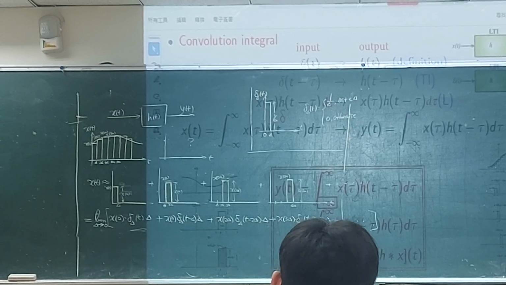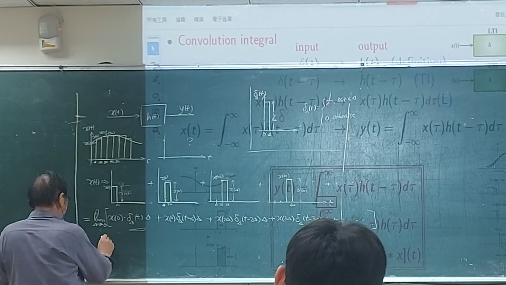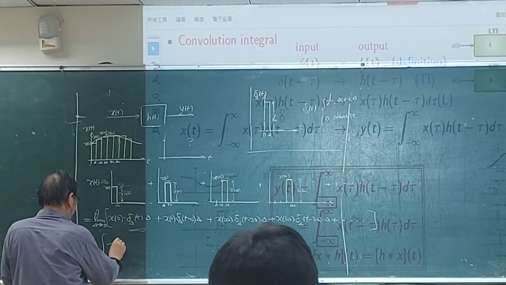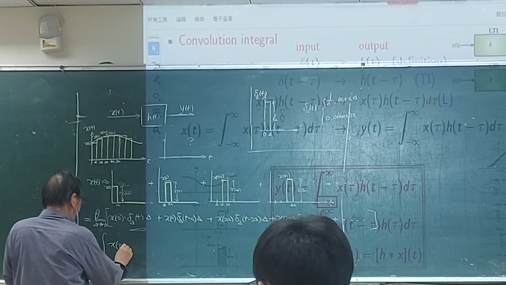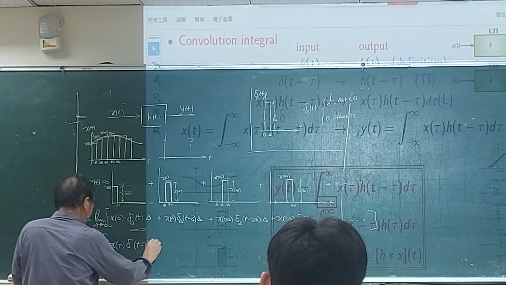Once I take the limit, it simply becomes an integral: x of tau times delta function, t minus tau, d tau.